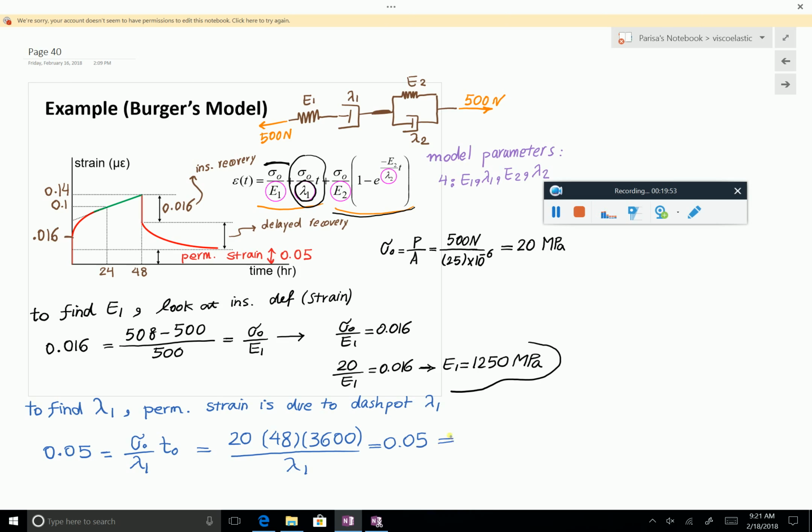So if we do the calculations, then we get lambda 1 of 6.91 times 10 to the power of 7 megapascal second.